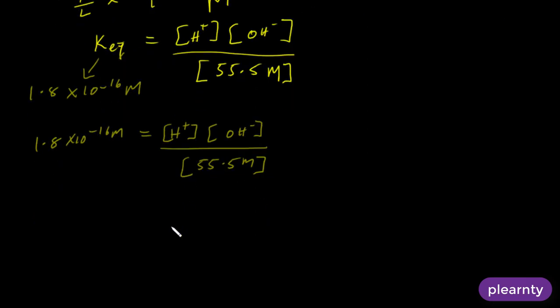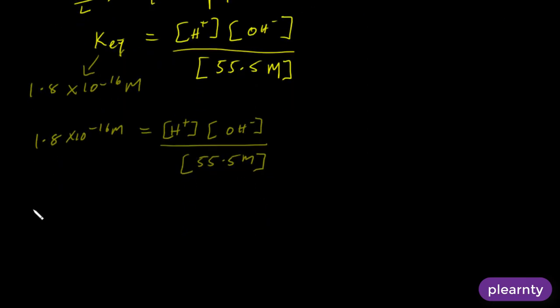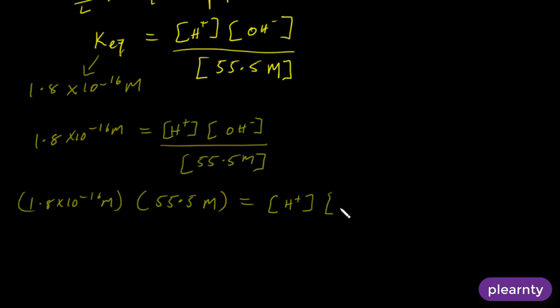Now let's cross multiply this. If we do that, we have 1.8 times 10 raised to power minus 16 molar multiplied by 55.5 molar, which is equal to the concentration of proton multiplied by that of hydroxyl ion.